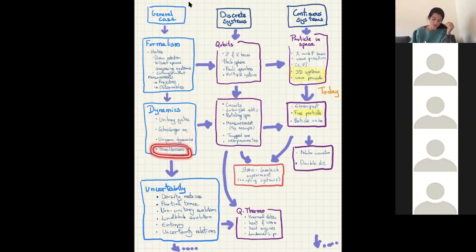And then we started going into some specific types of Hamiltonians, some simple types of Hamiltonians, which today we will make even more concrete. So in the discrete systems, this was applied to, as I said before, circuits and entangling qubits. Also, we looked very briefly at rotating a spin. We looked very briefly at the toy example of how we can model a measurement. This was what ended up being Schrodinger's cat.